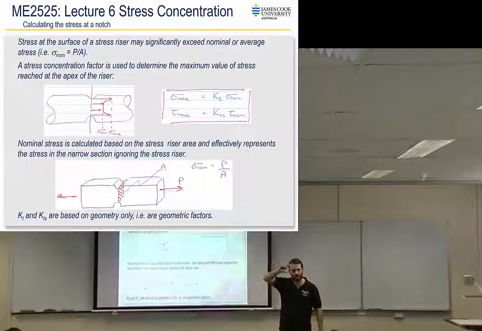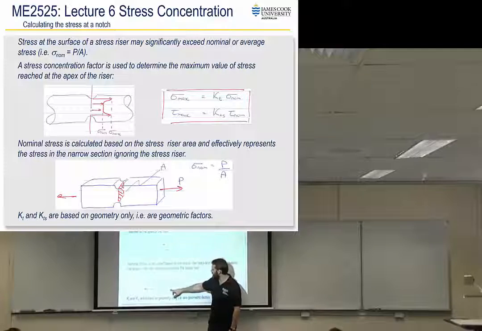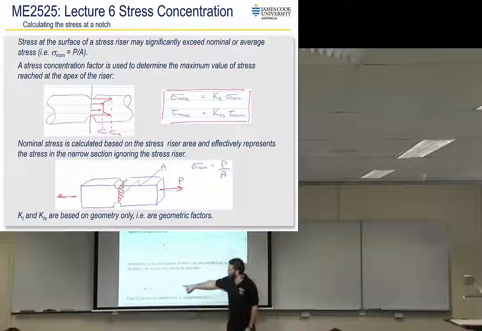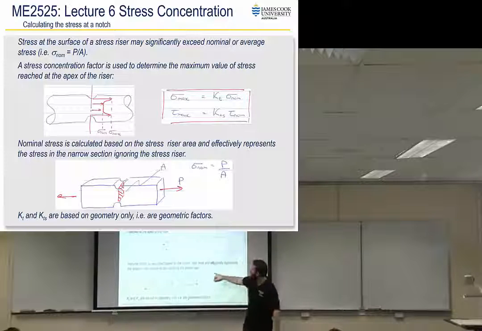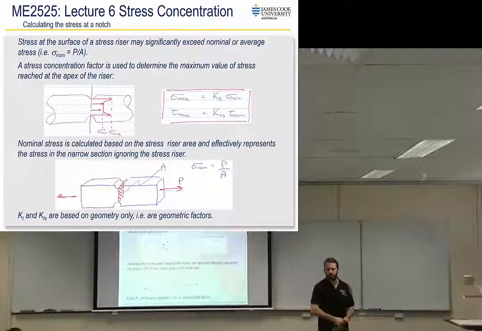So it's still calculated on the reduced area, but that's just that easy P on A calculation. So for this example here, let's say that's a rectangular bar. Area is the reduced area. Nominal is P on A for that reduced area, but that's not our maximum stress. That's our stress probably in the middle here. But our actual maximum stress we would have to multiply by some sort of a factor. We need to calculate what that factor is, or determine what that factor is.